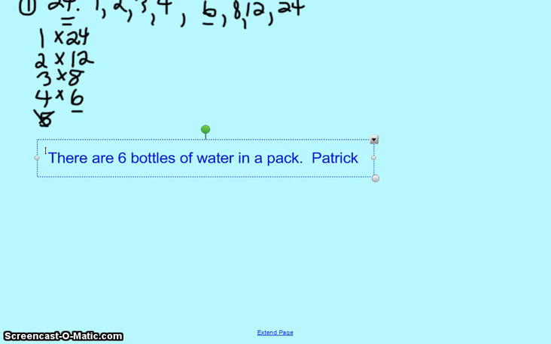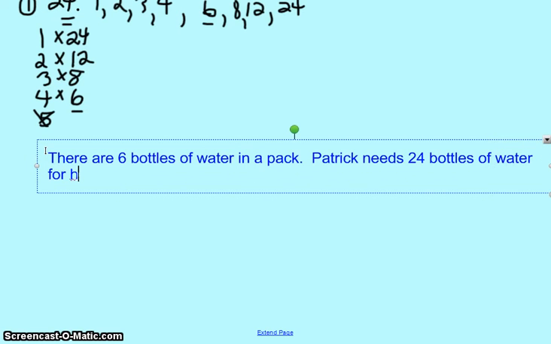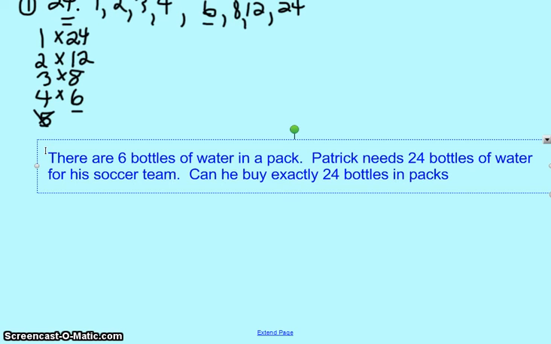Patrick needs 24 bottles of water for his soccer team. Can he buy exactly 24 bottles in packs of 6?